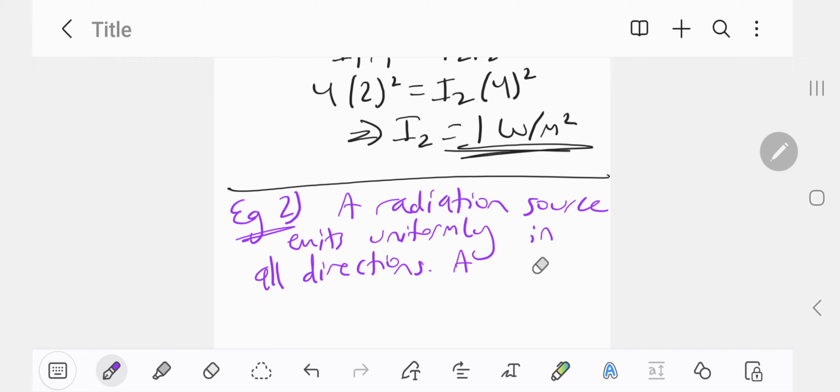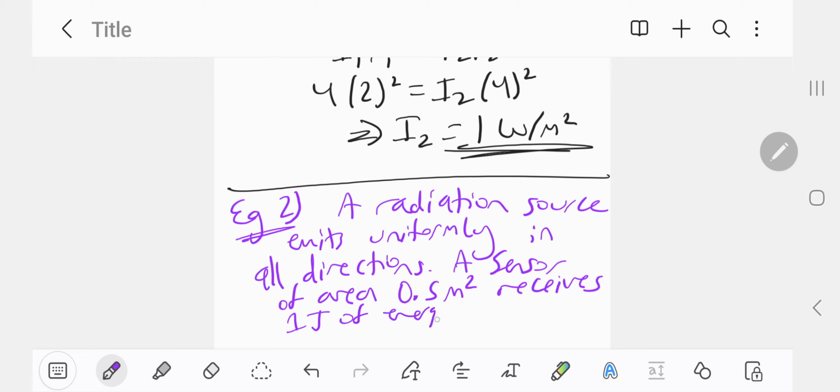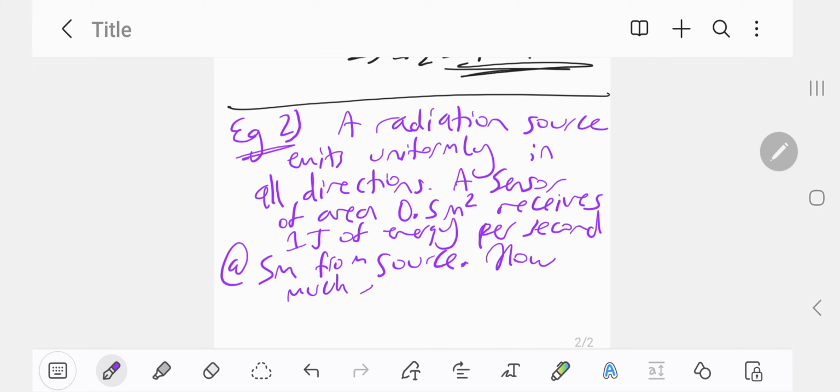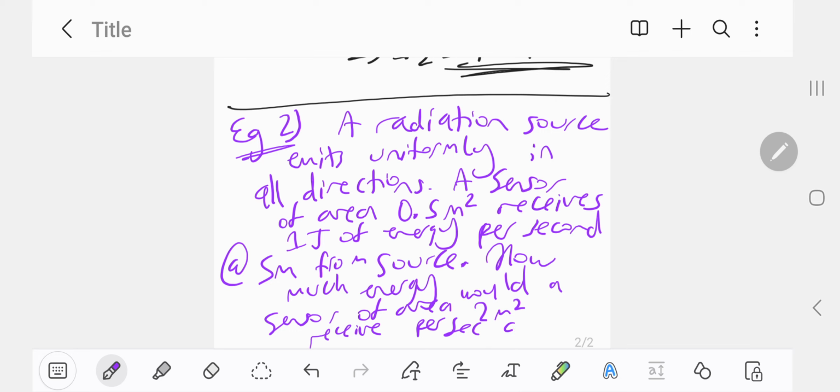Now, a sensor of area, this is a light sensor in this case, 0.5 meters squared receives 1 joule of energy per second at 5 meters from the source. Okay, how much energy would a sensor of area 2 meters squared receive per second at 10 meters?